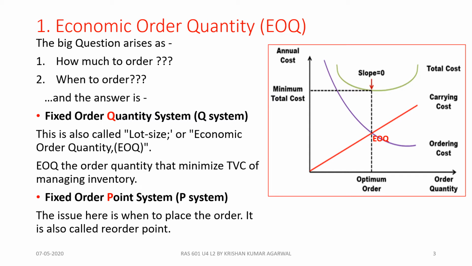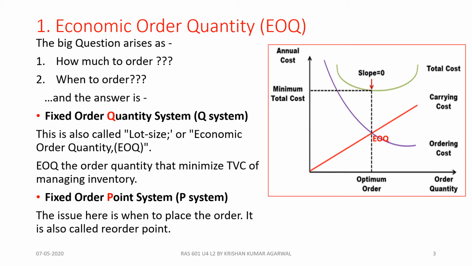This can be answered by two theories. One can use the fixed order quantity system, as per which they have to maintain a fixed quantity of material that should be ordered at a regular interval, and that interval is known as the reordering point or reordering cycle.